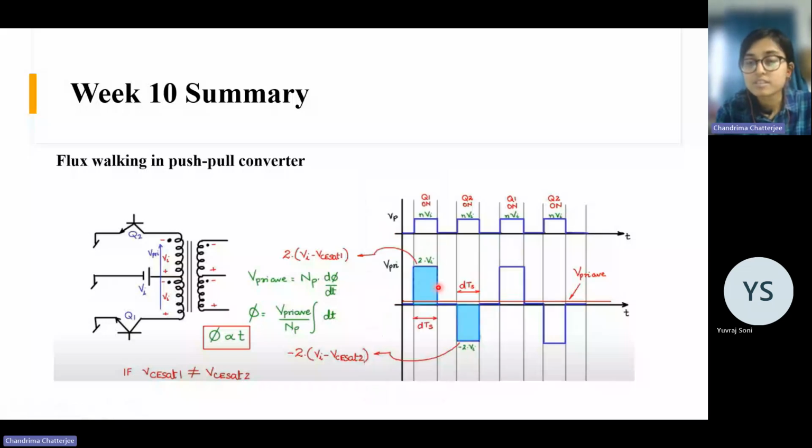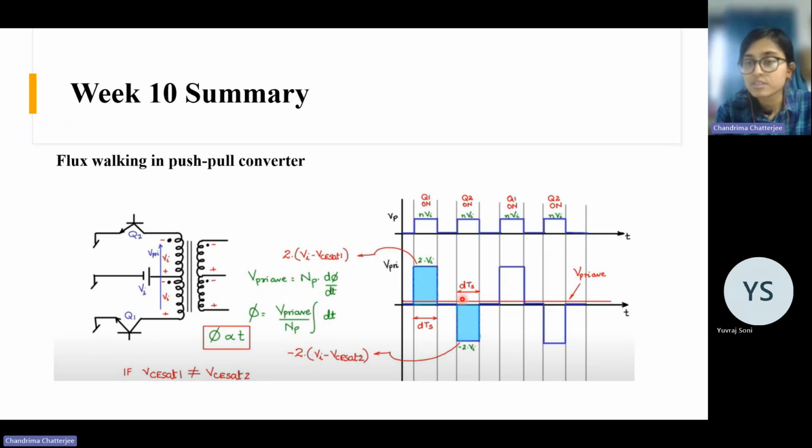If volt-second balance is not maintained, then there will be some very small average voltage in the positive half or in the negative half. The induced voltage is N d phi by dt, so if there is some small average voltage, then phi will be the integral of it dt. As time goes on, there will be a steady rise in the flux.